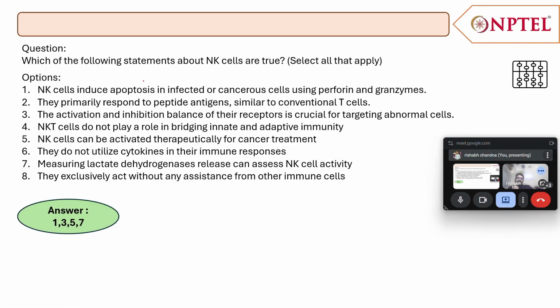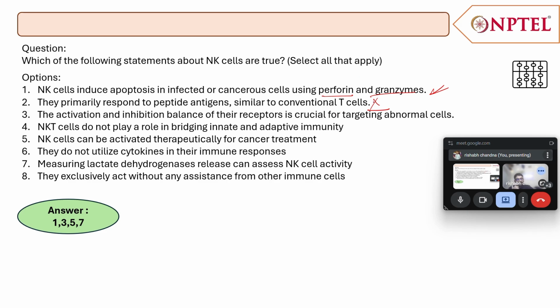NK cells induce apoptosis in infected or cancerous cells using perforin and granzymes. Yes, this is correct. The major way a particular NK cell helps in apoptosis is perforin and granzymes. They primarily respond to peptide antigens similar to conventional T cells. No, they can respond to the glycolipid antigens also, as well as the antigens from different APCs.